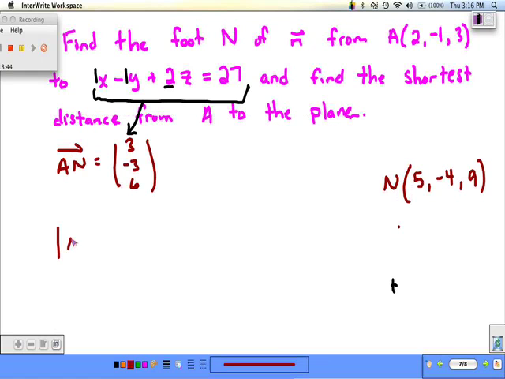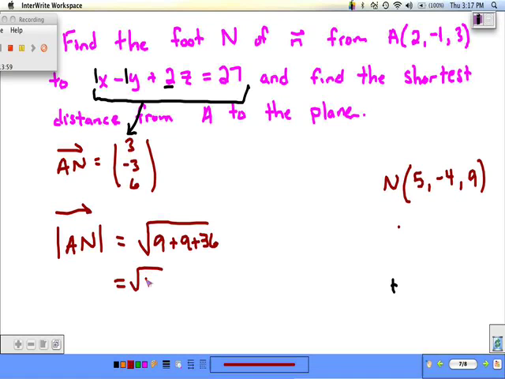The magnitude of AN, i.e. the perpendicular distance from the plane to point A, will just be the magnitude of this vector. So it's exactly the square root of 54 units.